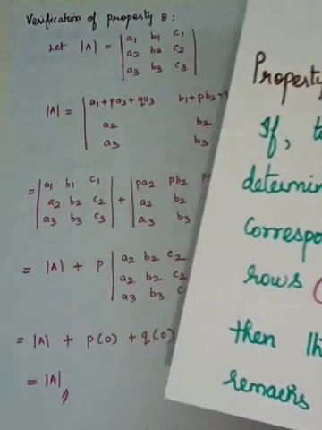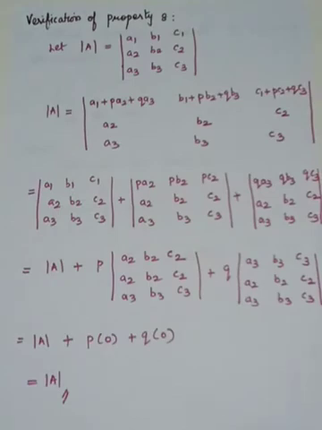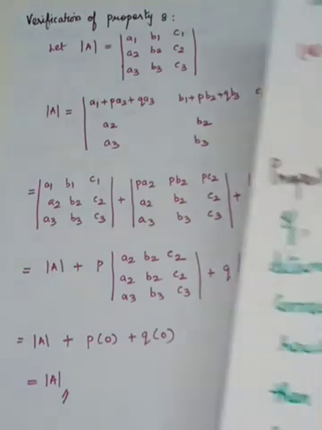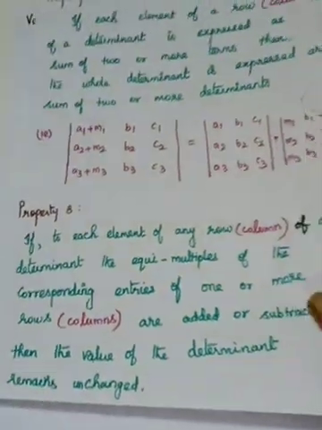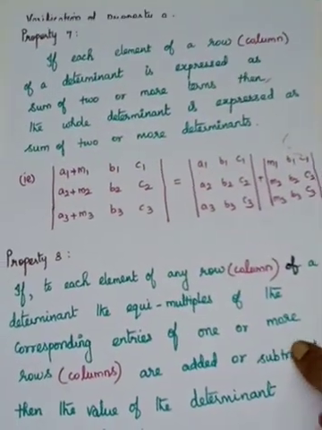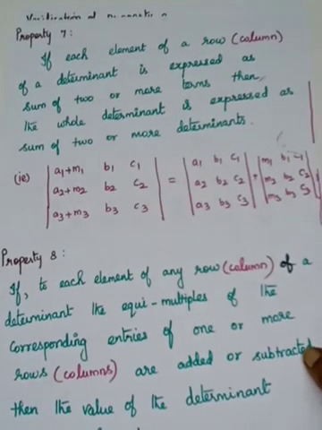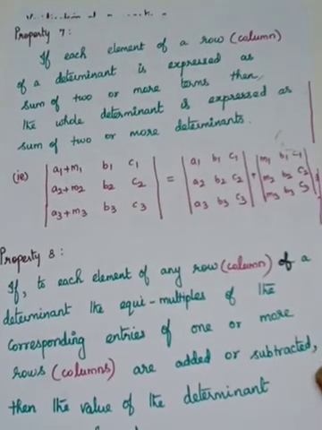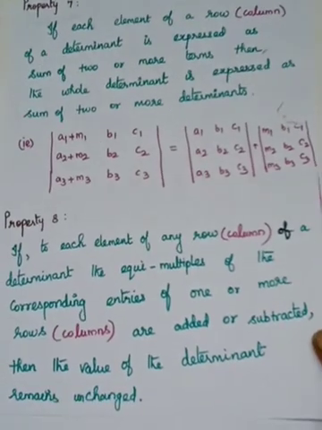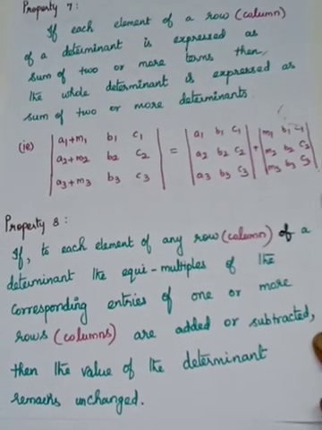So if you add, the value of the determinant is not changed. If to each element of any row of a determinant, the equi-multiples of the corresponding entries of one or more rows are added or subtracted, then the value of the determinant remains unchanged.